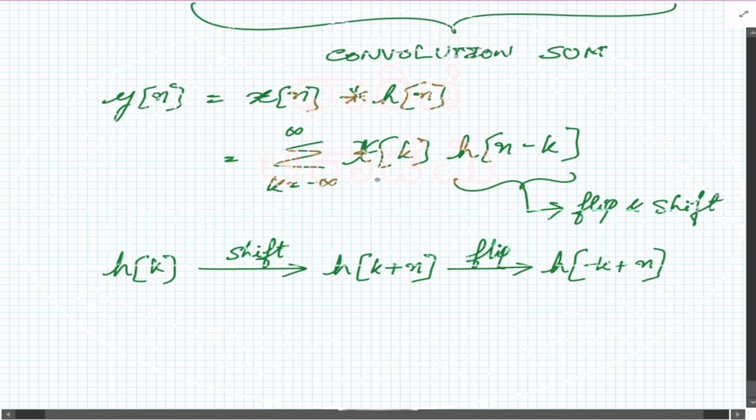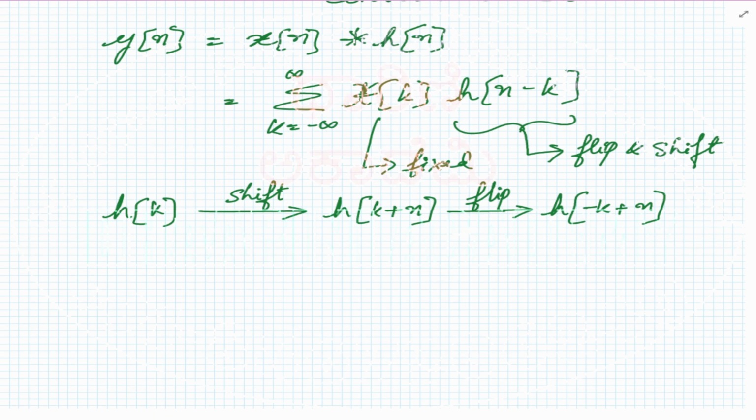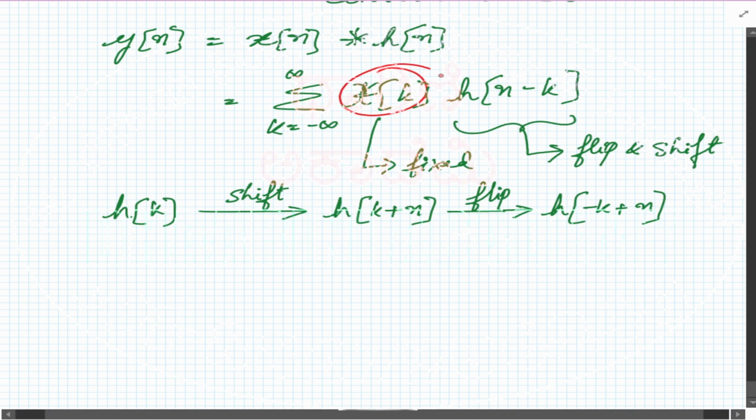First signal fixed, no change. It's not moving, it's not getting flipped. This is the fixed signal. The first signal which you write, x of k, is going to be fixed. The second function which you are writing has a flip and a shift. So now the idea becomes very simple. Keep the first function as it is.